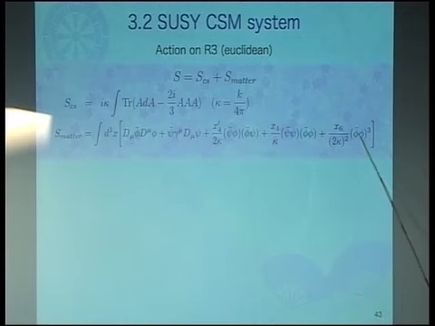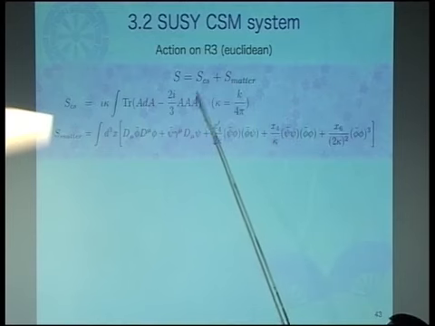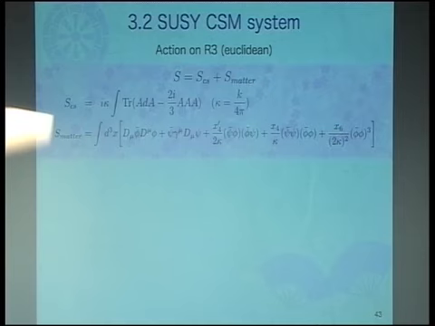And here is a 6-point interaction of the boson, and this action has a conformal symmetry at least at the classical level.